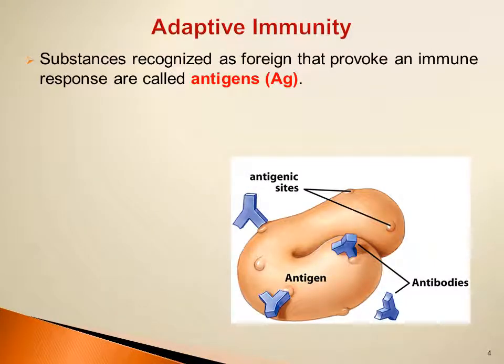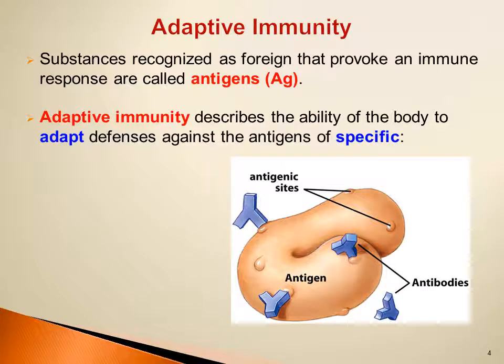Substances that are recognized as foreign and provoke an immune response are called antigens. Here, as you can see, we have a microbe that has antigens on its site. And to these antigens, the antibodies that are produced by the immune response can attach.